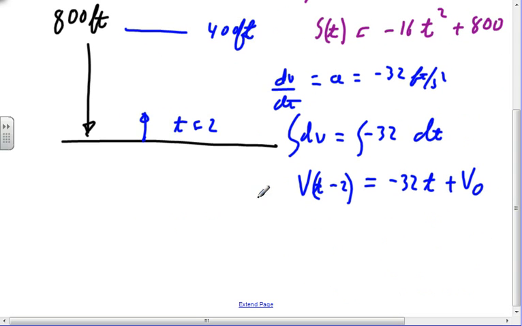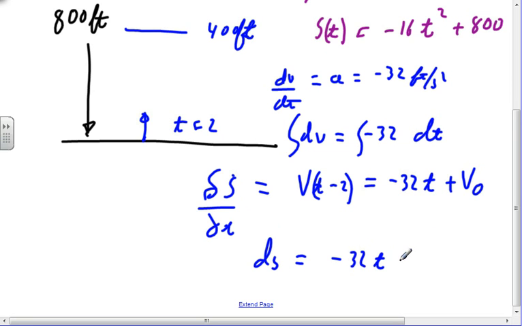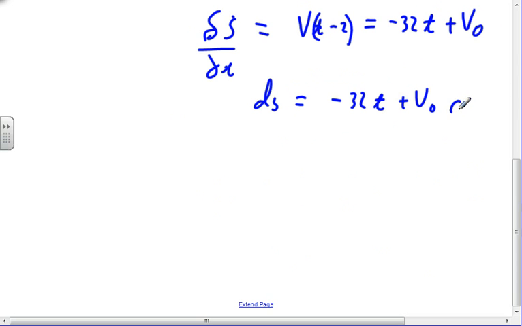Which is change in position over change in time. So I've got dy equals minus 32t plus v naught dt.